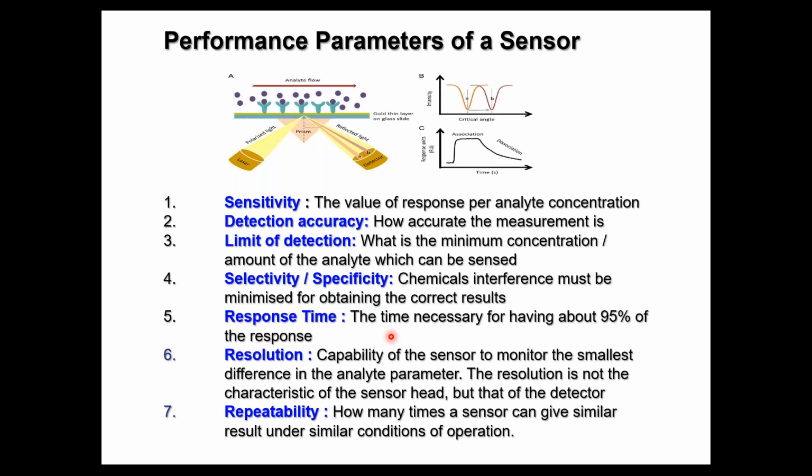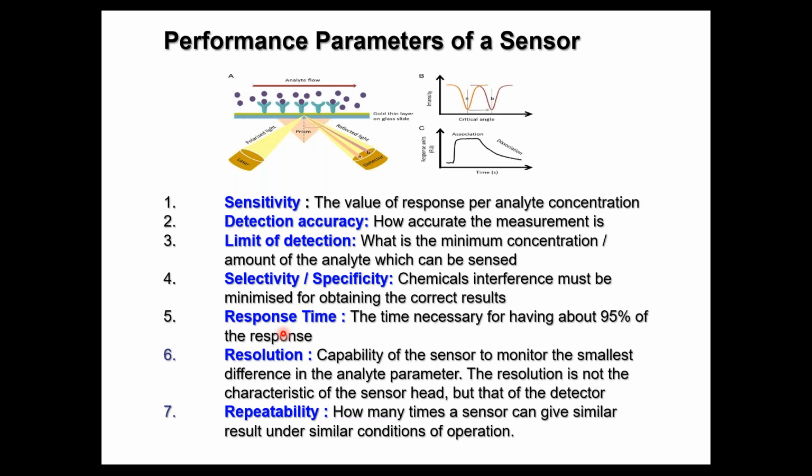Then response time, the time necessary for having about 95% of the response. Resolution: the capability of the sensor to monitor the smallest difference in the analyte parameter. The resolution is not a characteristic of the sensor head, but a parameter that very much depends on the detector.